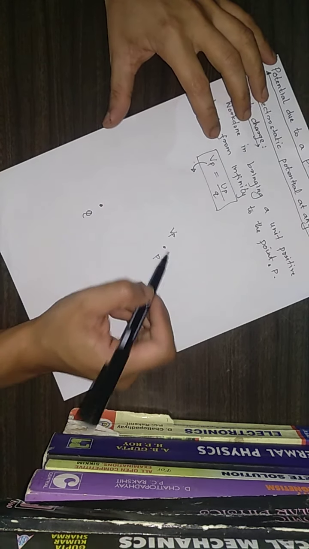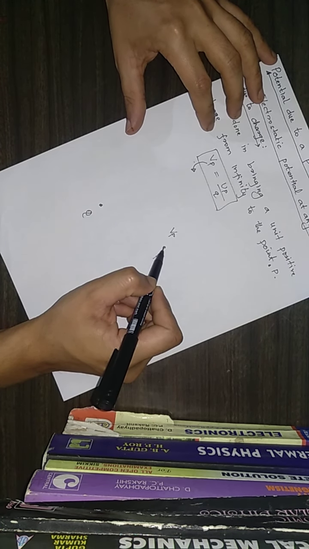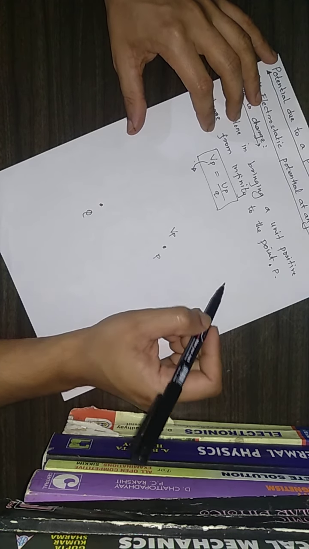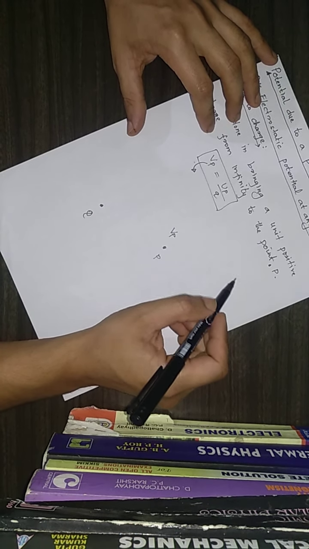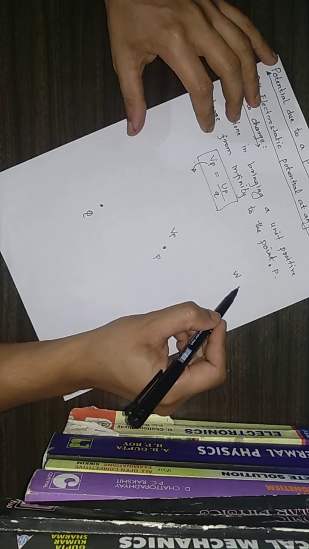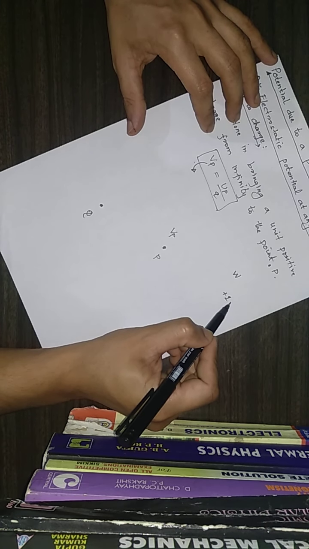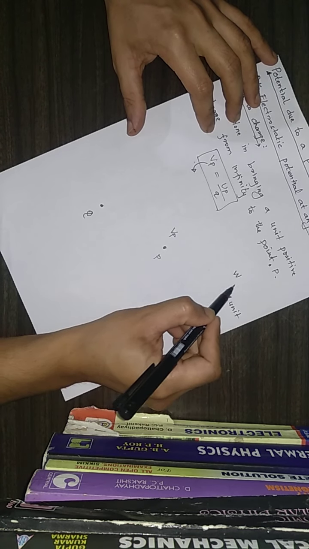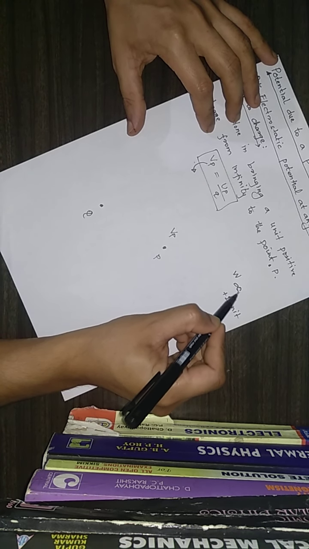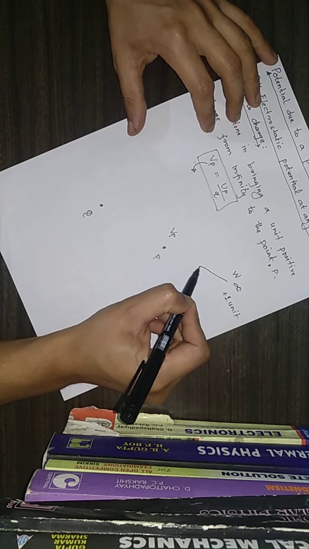So from our definition, the electrostatic potential at this point P is nothing but the work done in bringing a unit positive charge from infinity to that very point.